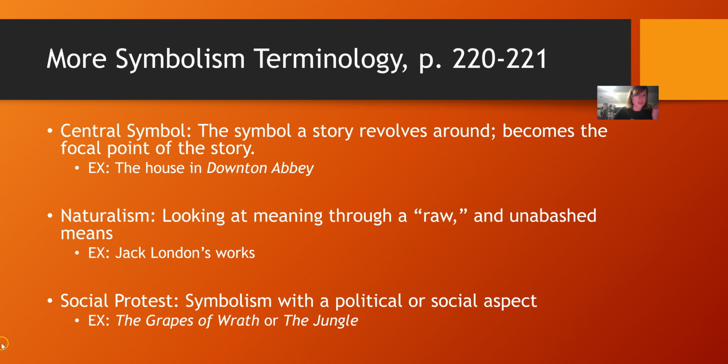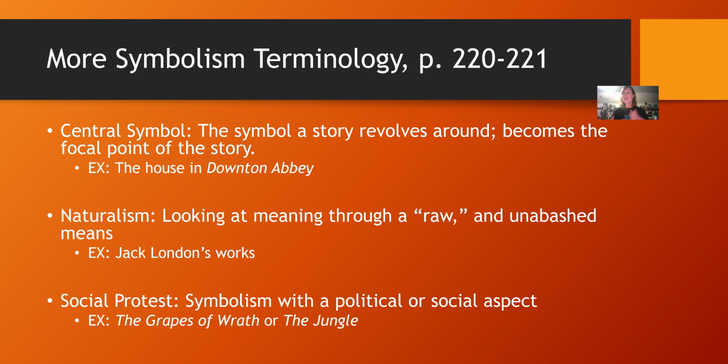The Jungle is also a really good text. It's by Upton Sinclair. I highly recommend it. It's basically about the Industrial Revolution in the early 1900s and about the very poor working standards in some factories in Chicago at that time.